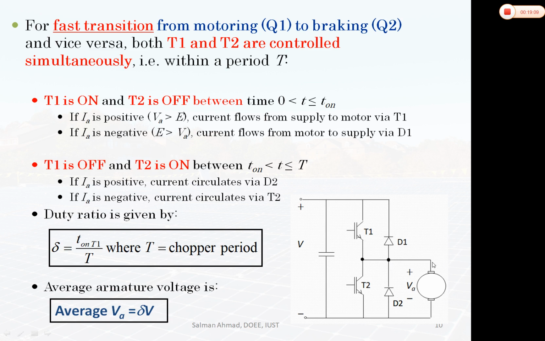If Ia is negative, current circulates via T2 through this path, which again is regenerative braking. So both motoring and regenerative braking operation we get twice in a complete period. The duty cycle we define as T on T1 upon T, where T is the chopper period, and the average armature voltage we can write as delta times V.